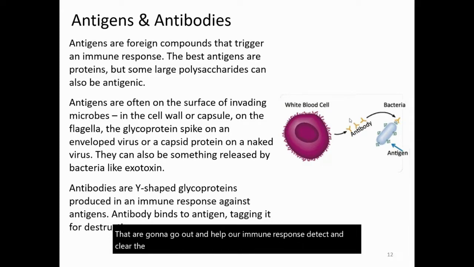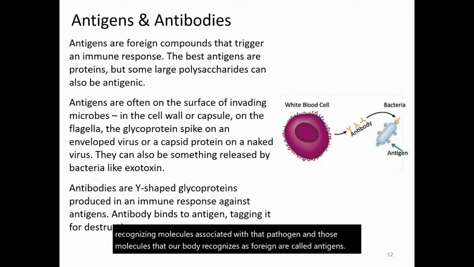Well, in order to do that, the antibody has to be able to bind and attach to the pathogen. And it does so by recognizing molecules associated with that pathogen. And those molecules that our body recognizes as foreign are called antigens.